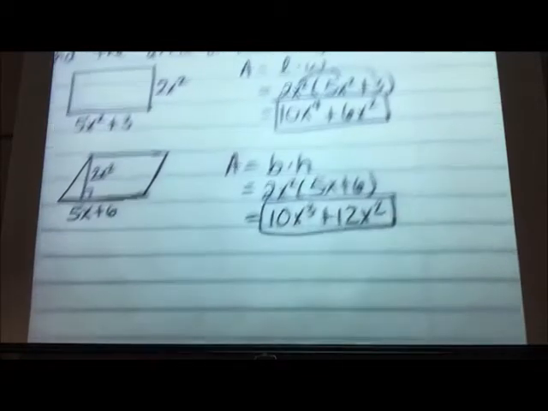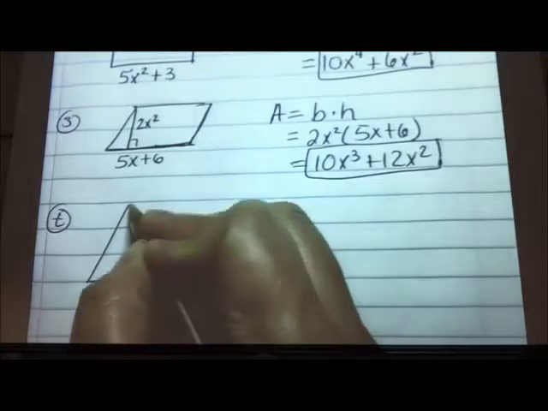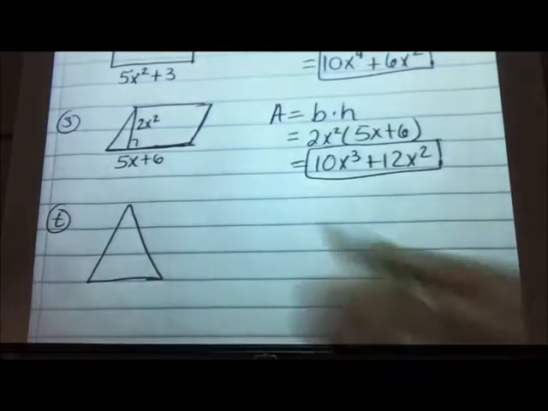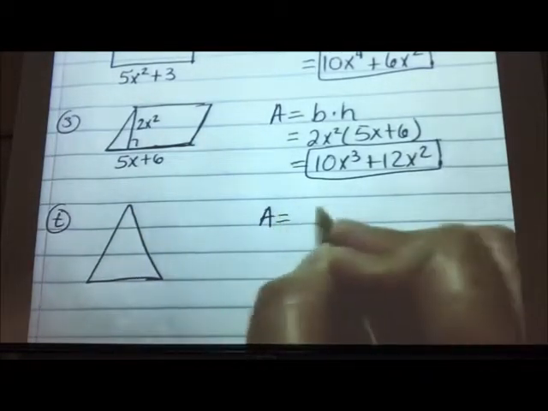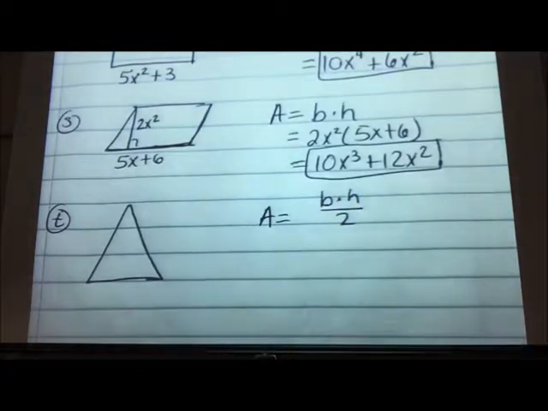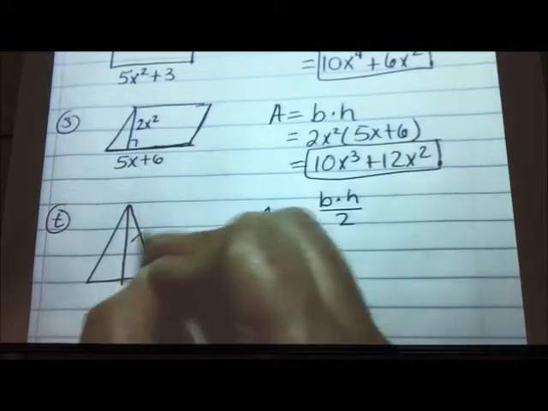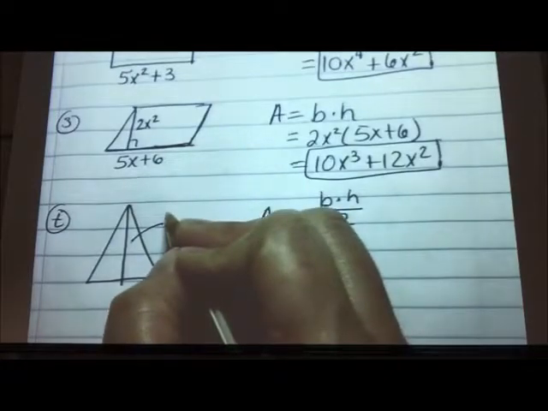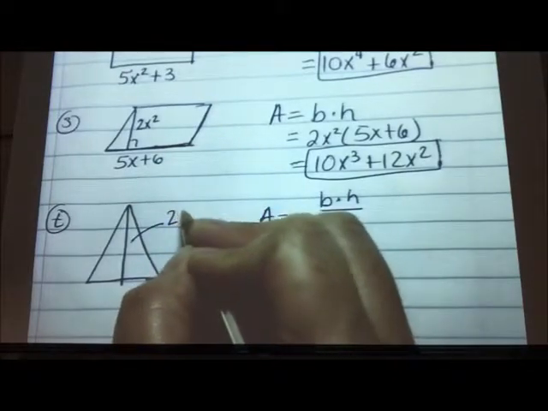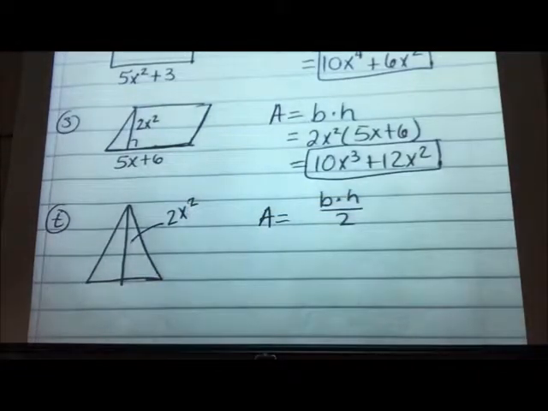Example T. What happens if they give you a triangle? Now the area of a triangle is base times height divided by 2. So let's say that your height is going to be 2x squared.